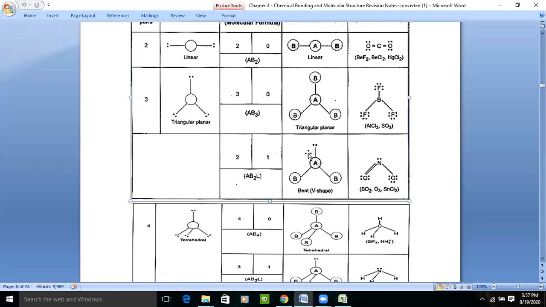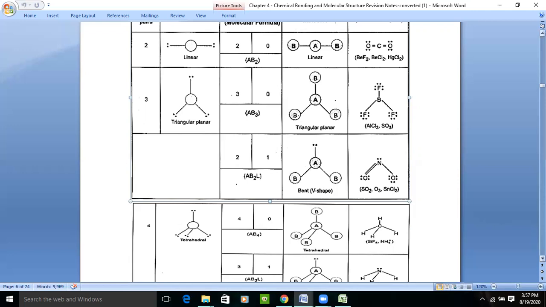The repulsive forces differ: there is maximum repulsion between lone pairs, less repulsion between bond pair and lone pair, and minimum repulsion between bond pair and bond pair. This leads to the V shape.